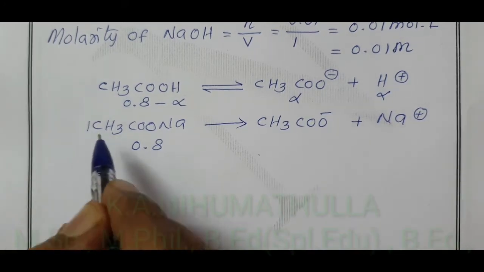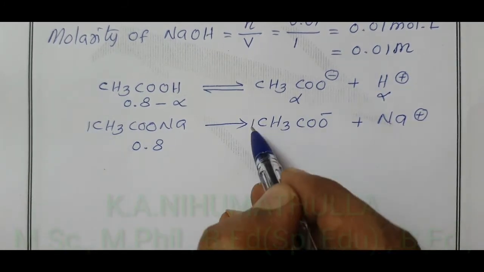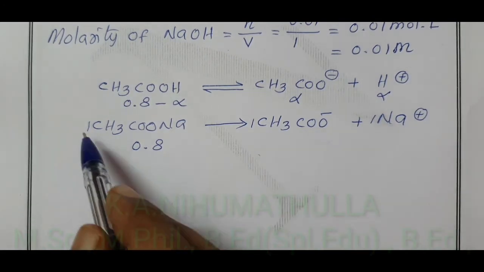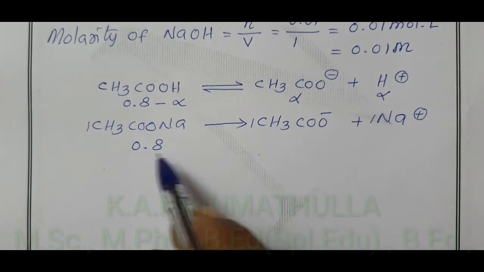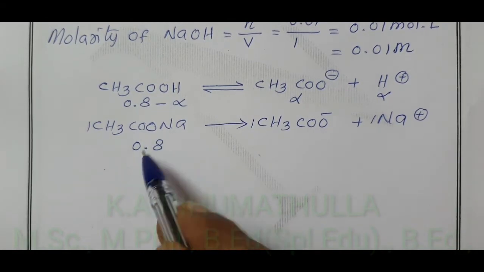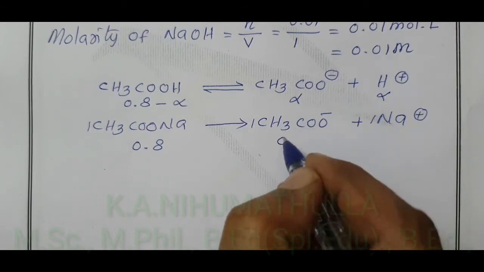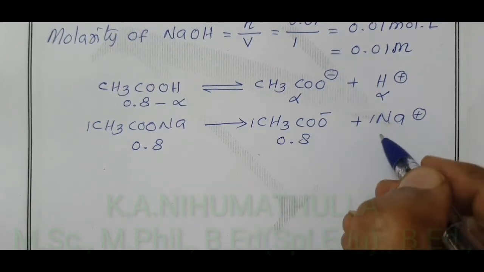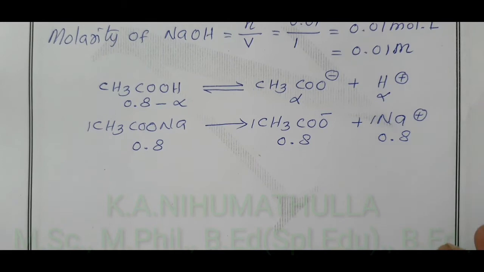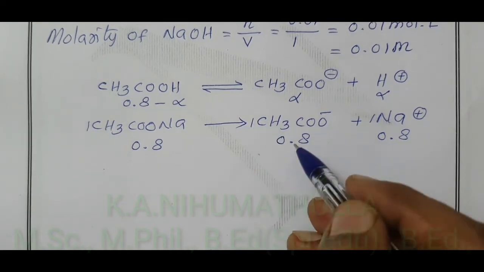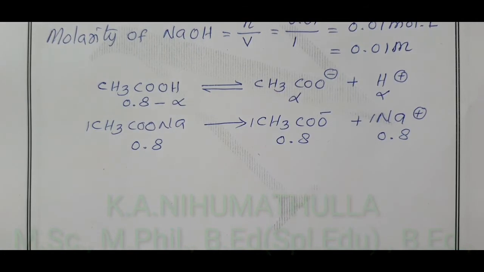Number of moles of sodium acetate is 1, number of moles of acetate 1, number of moles of Na plus 1. All these are 1 mole. Therefore, if the concentration of sodium acetate is 0.8, concentration of acetate is 0.8, concentration of Na plus is 0.8. If 2 moles are formed, you have to multiply this value by 2.